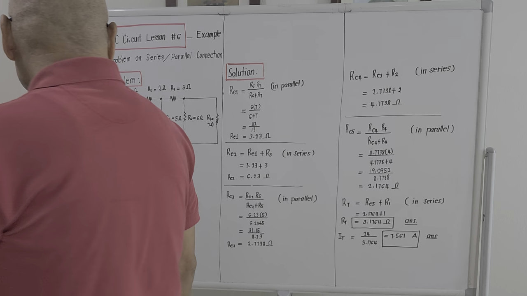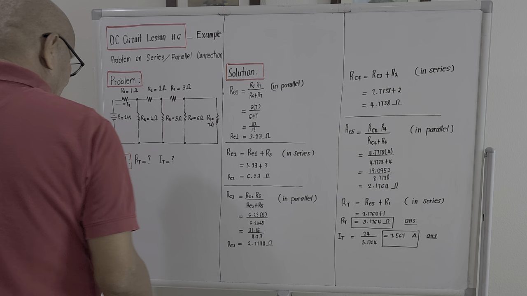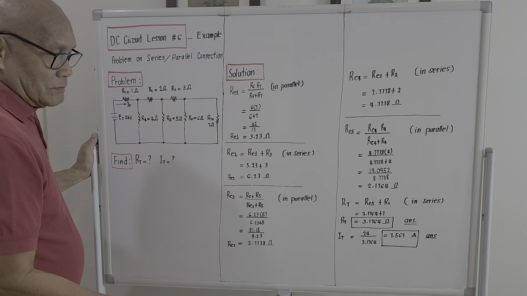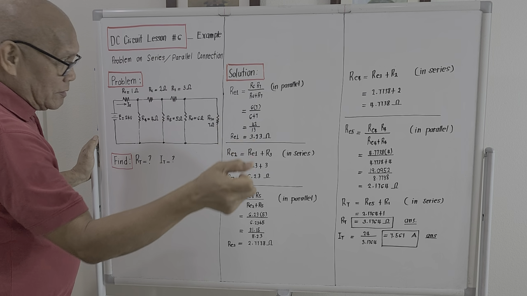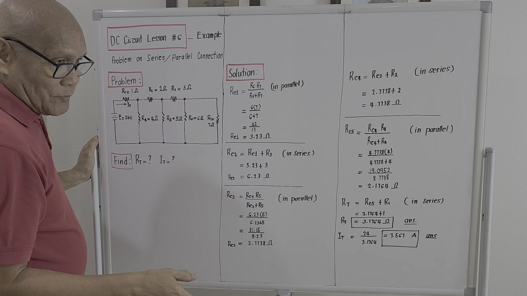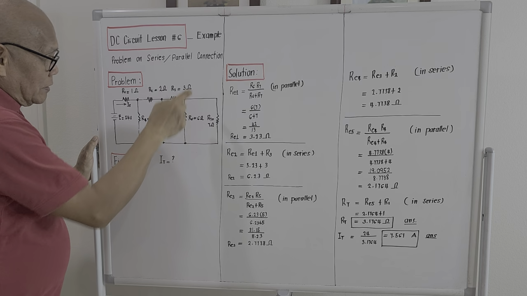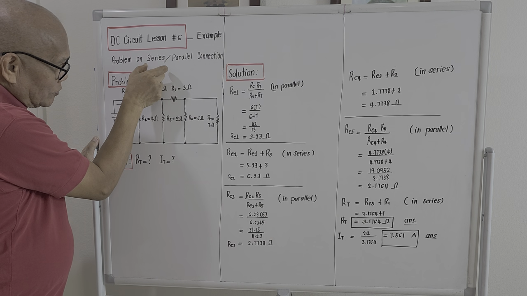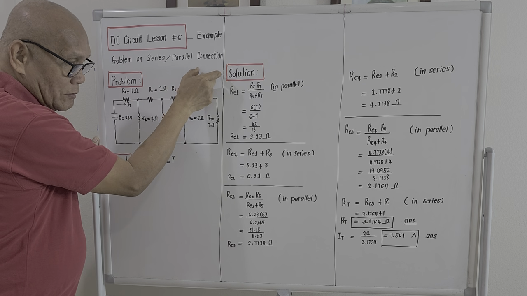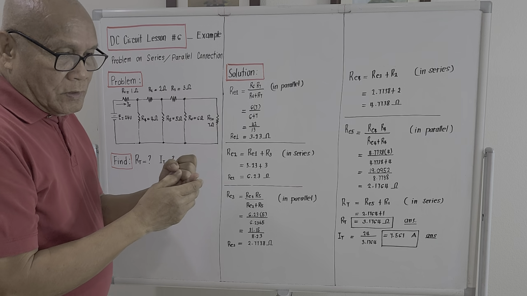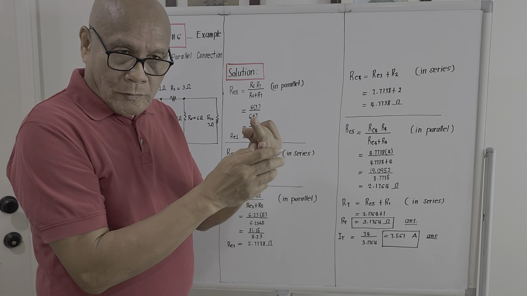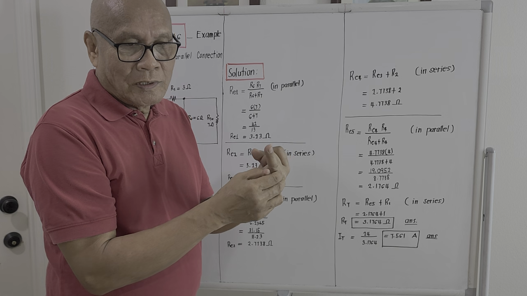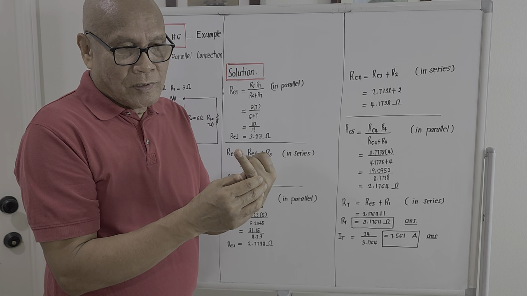My topic for this evening will be long video format, direct current circuit lesson number 6, and the title of the topic will be example problem on the so-called series parallel connection. We are now through with the concept of series circuit, and we are now through with the concept of parallel circuit.